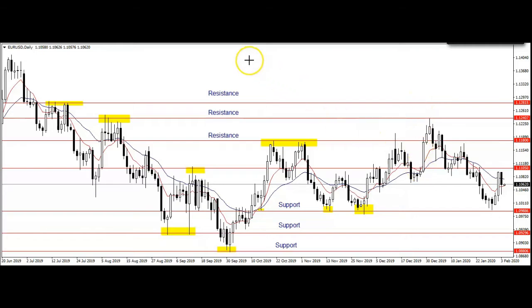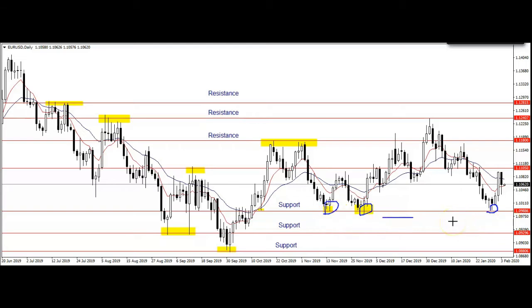We do have recent support, this line. We have recent support here at 1.09886, which price has bounced off on 3 occasions through these 3 bullish pin bars, not bearish pin bars, just recently last week.